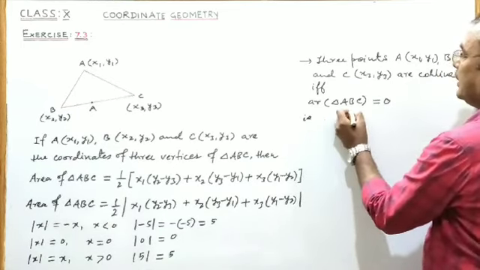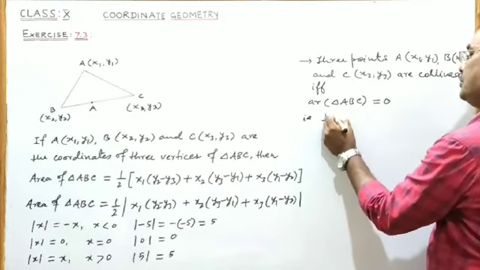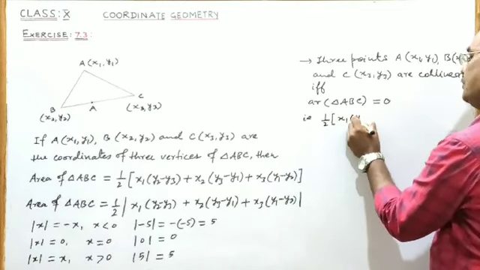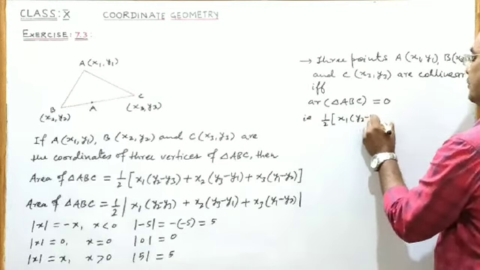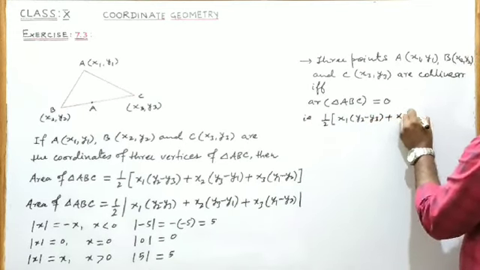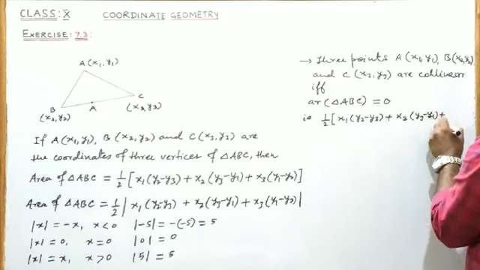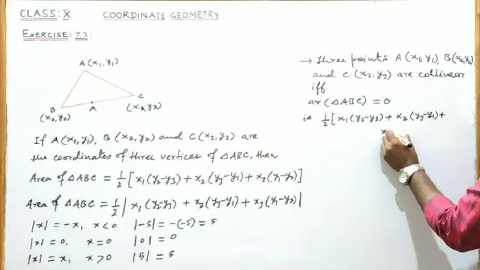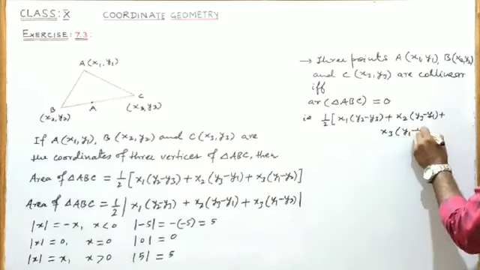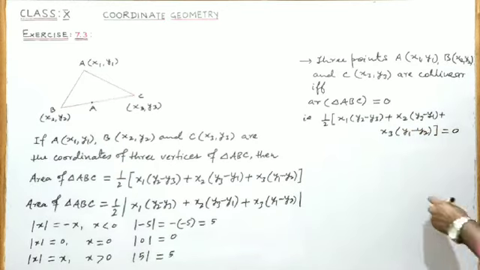So area of triangle ABC is equal to 0 means half into x1 into y2 minus y3 plus x2 into y3 minus y1 plus x3 into y1 minus y2 is equal to 0.